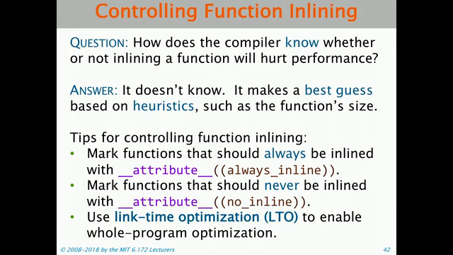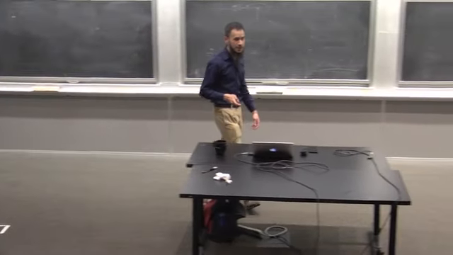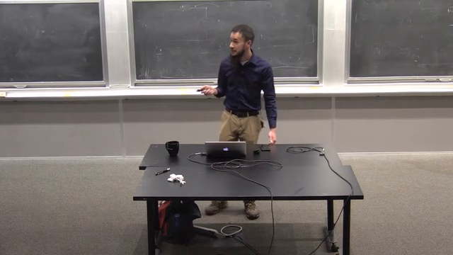Similarly, if you have a function that really should never be inlined, it's never cost effective to inline that function, you can mark that function with the no inline attribute. And finally, if you want to enable more function inlining in the compiler, you can use link time optimization, or LTO, to enable whole program optimization. Won't go into that during these slides. Let's move on and talk about loop optimizations.